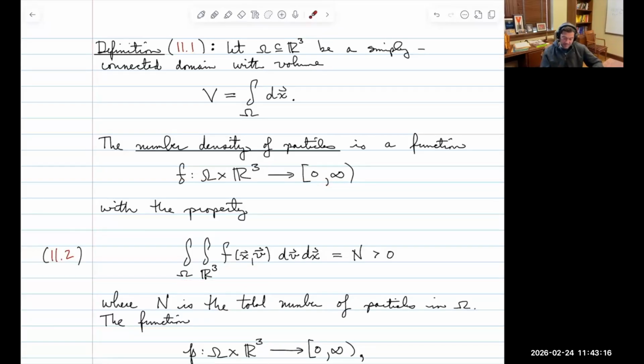And because we've said it's already non-negative, that's the same as saying that it's integrable in the usual sense. We don't have to write the absolute values there, though, because it's already known to be non-negative. So we need this to be integrable, and in fact, we need it to integrate to exactly n because there are exactly n particles. So this is like a true density.